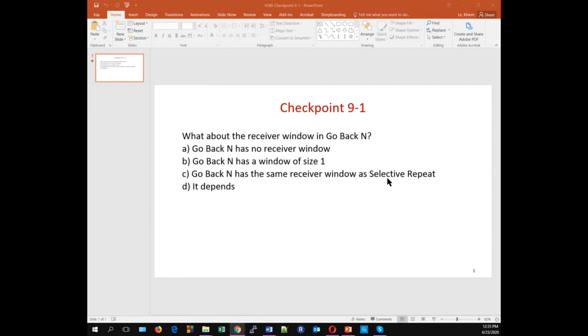In selective repeat, the receiver window is of the same size as the sender window. So if the sender window is capital N, the receiver window size is also capital N. Any question on this one?